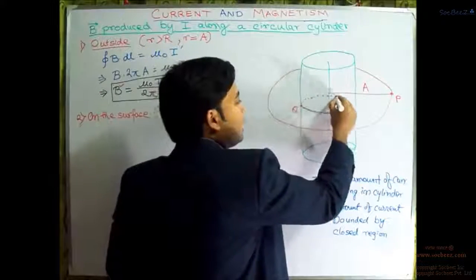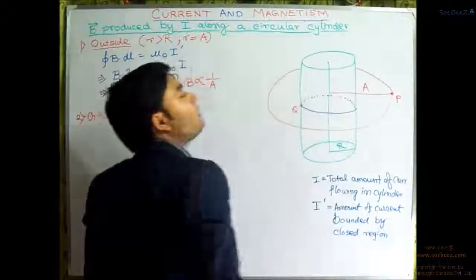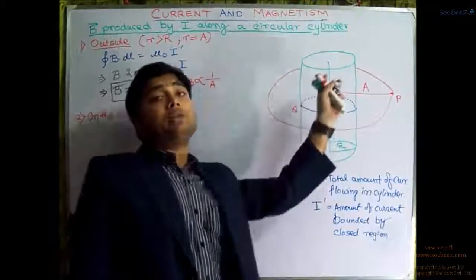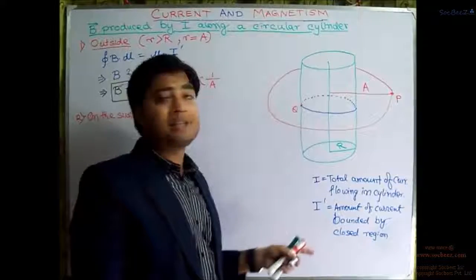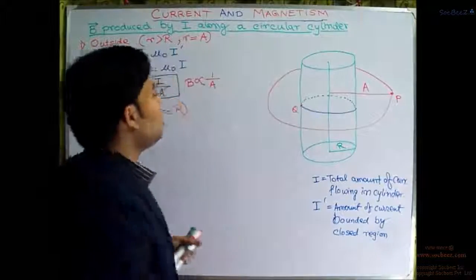The dotted line actually indicates the part on the other side of the cylinder that is not visible, right?